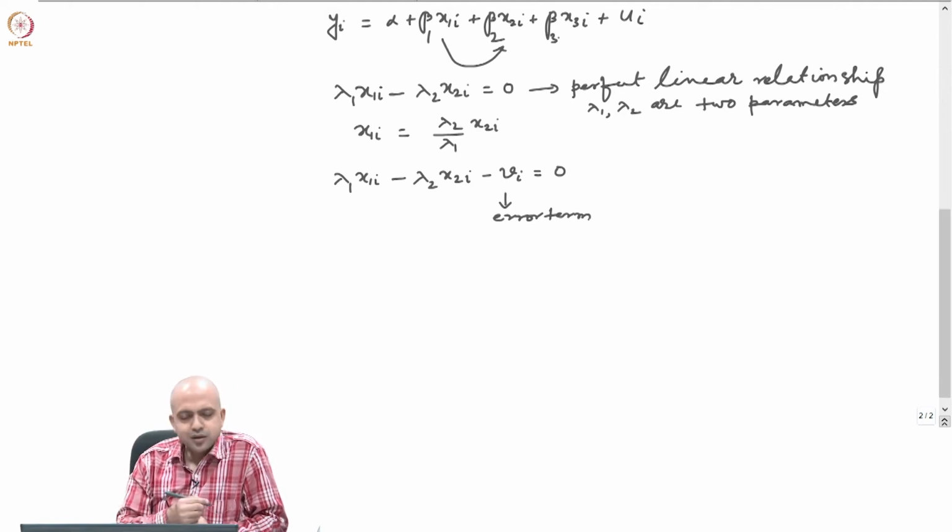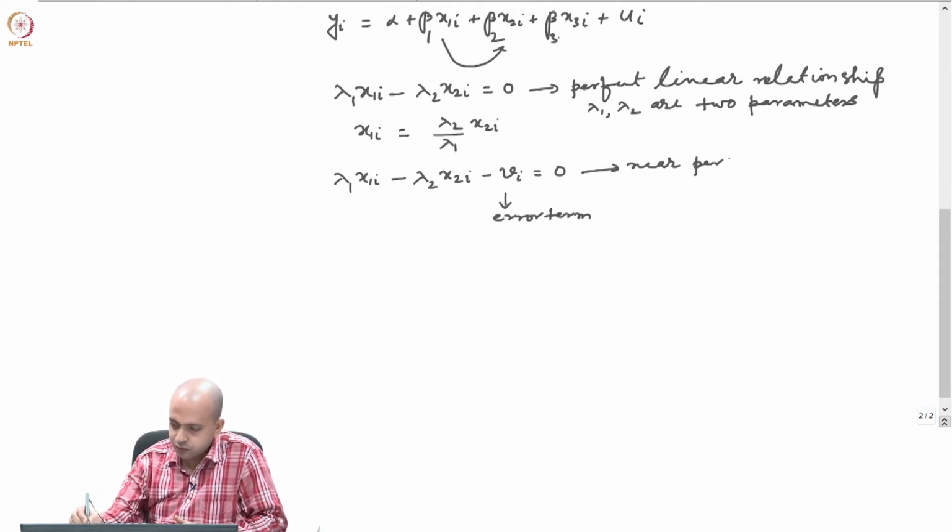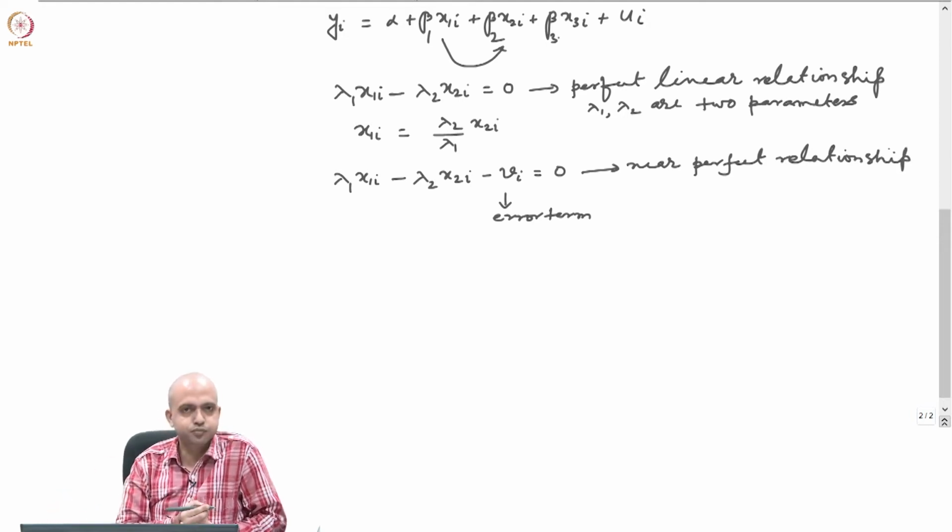So there is not a perfect linear relationship between x1 and x2, because knowing lambda 1, lambda 2 and x2i, you cannot perfectly predict the value of x1i because of the presence of vi. That is why this is called near perfect relationship. Okay, this is the meaning.